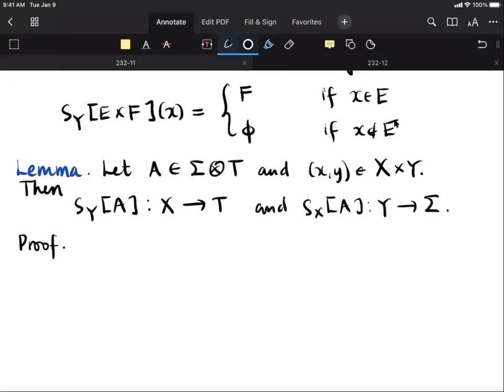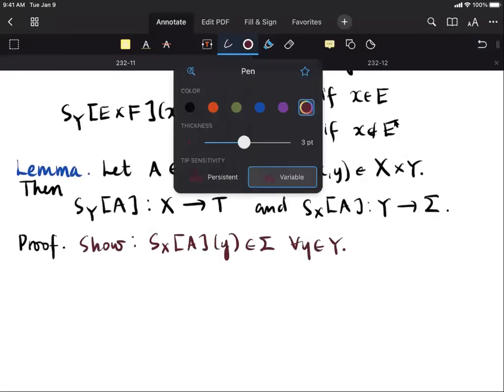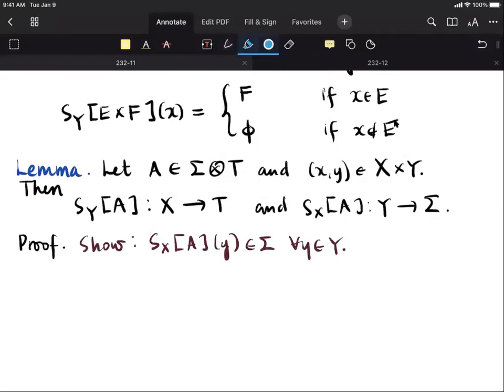So let us look at the proof. Here we want to show the following: the section of X at y is in sigma for all y in capital Y. So here we aim to show the second conclusion.